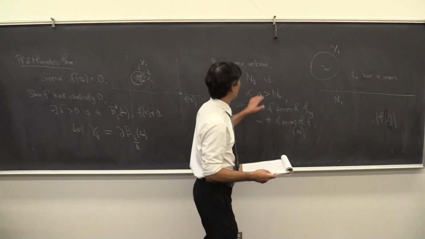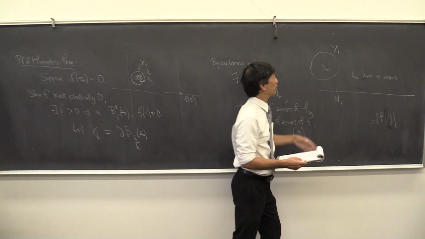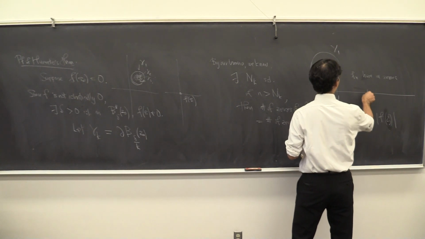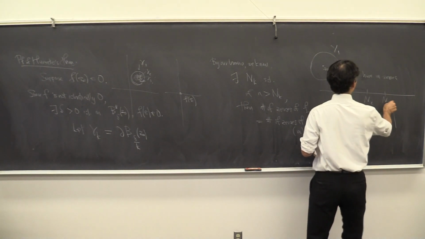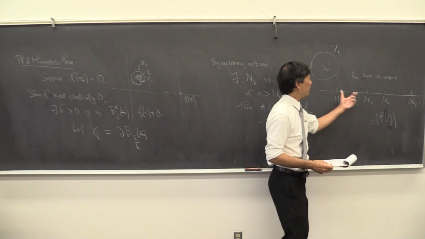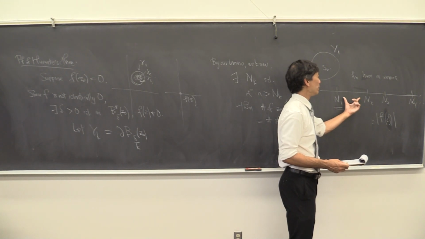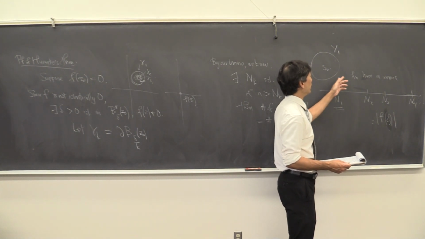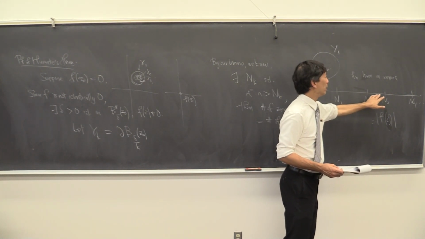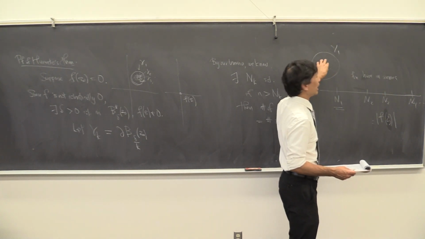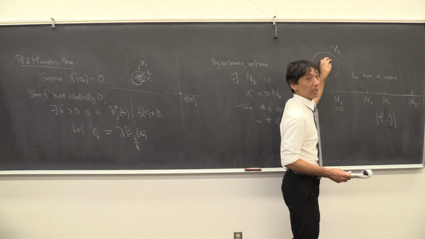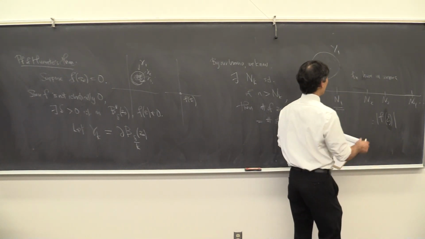And we can do that for each of the curves. So we can create an increasing sequence n1, n2, n3, n4, et cetera, so that as long as we're past the first number, all of the f sub n's have zeros inside of gamma 1. As long as we're past the second number, all of the f sub n's have zeros inside of gamma 2. Past the third number, all have zeros inside gamma 3, and so on and so forth.